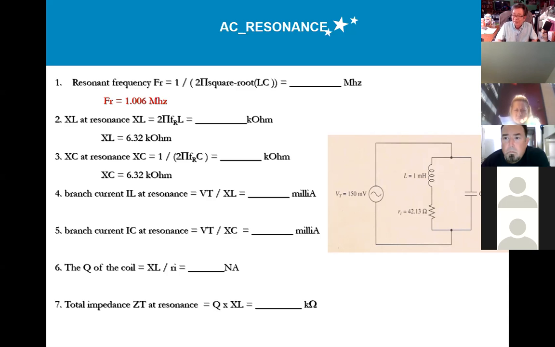Now, how do they cancel out? If the current flows here, what do you call this current? IT, total. It's just the total current, right? However, in this case, they call it the line current. So what does the line current equal?